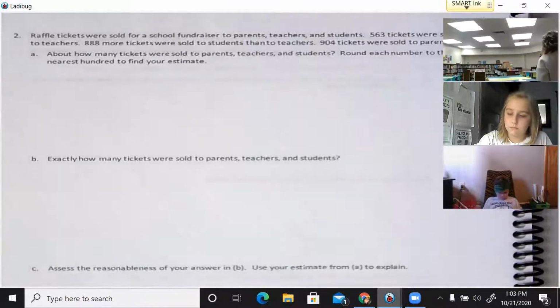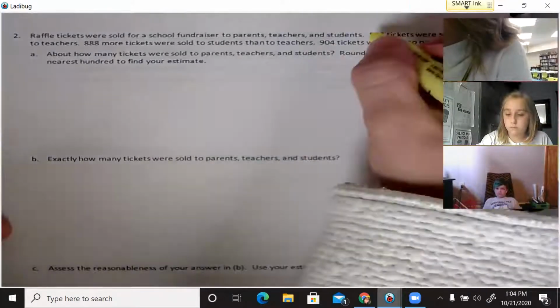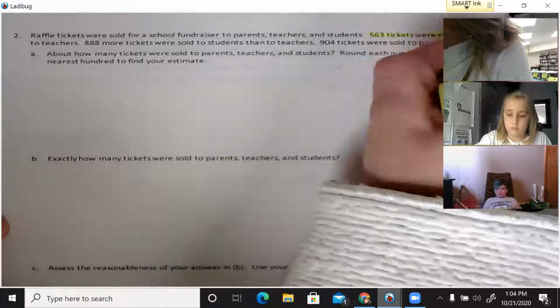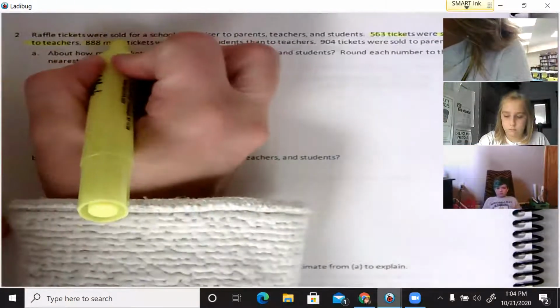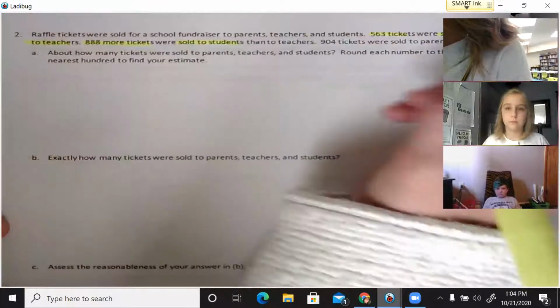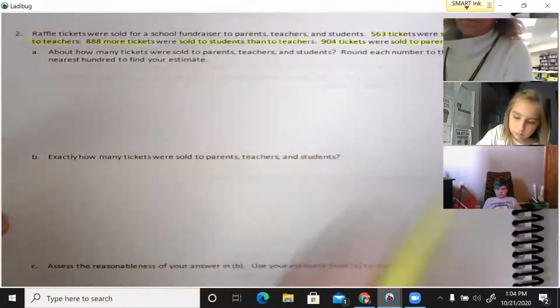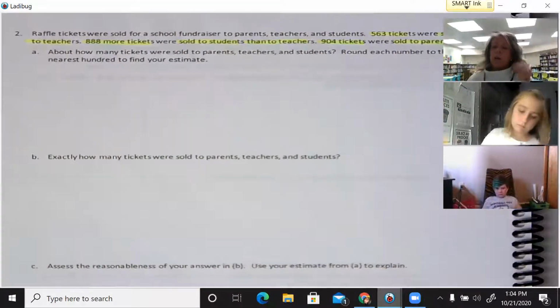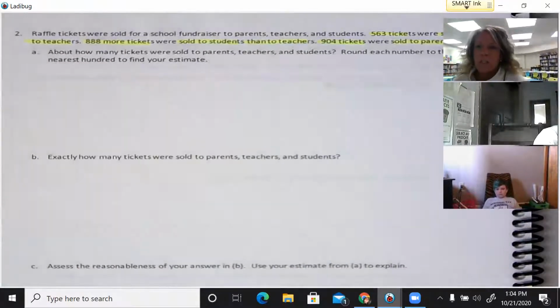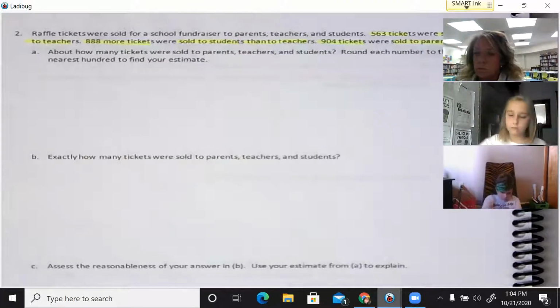So I'm going to grab my highlighter, and we're going to highlight 563 tickets sold to teachers, 888 more tickets sold to students than to teachers, 904 tickets sold to parents. So before we get started, who can give me the gist of this question? What did we read about? The amounts of tickets that were sold to parents, students, and teachers.